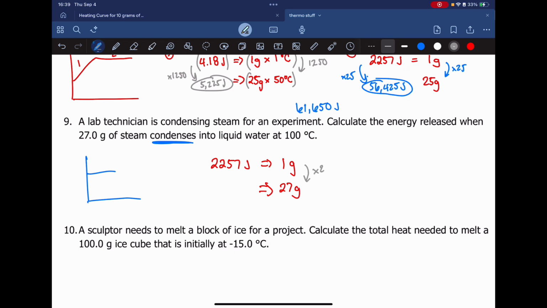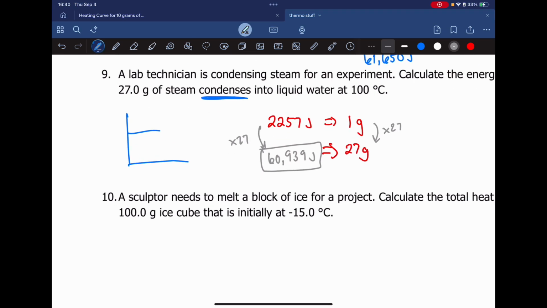So all we have to do to get our answer is take our 2257, multiply by 27. $60,939 joules. I love one-steppers.